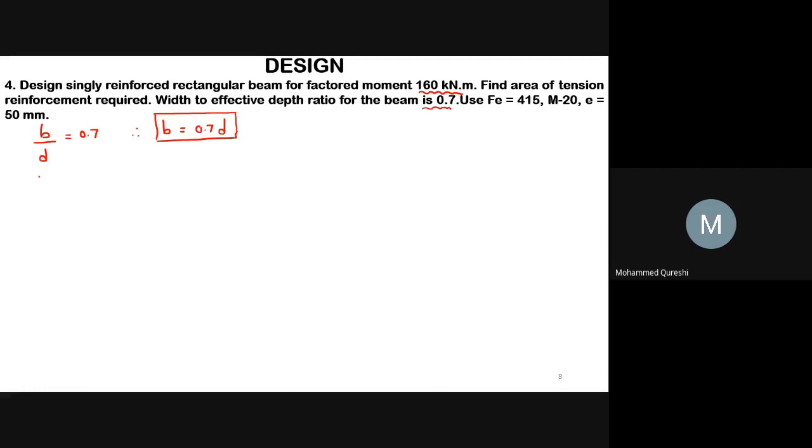The second data is given as Mu equals 160 kilonewton meter.